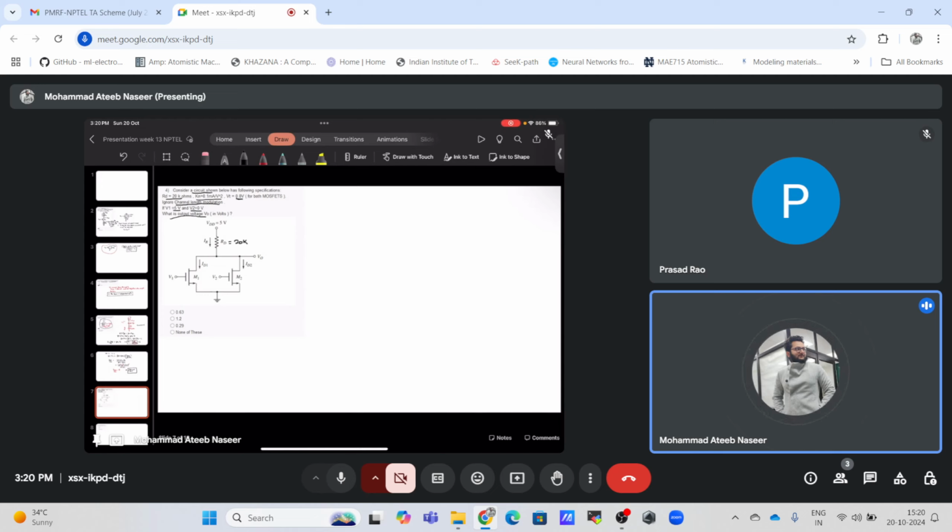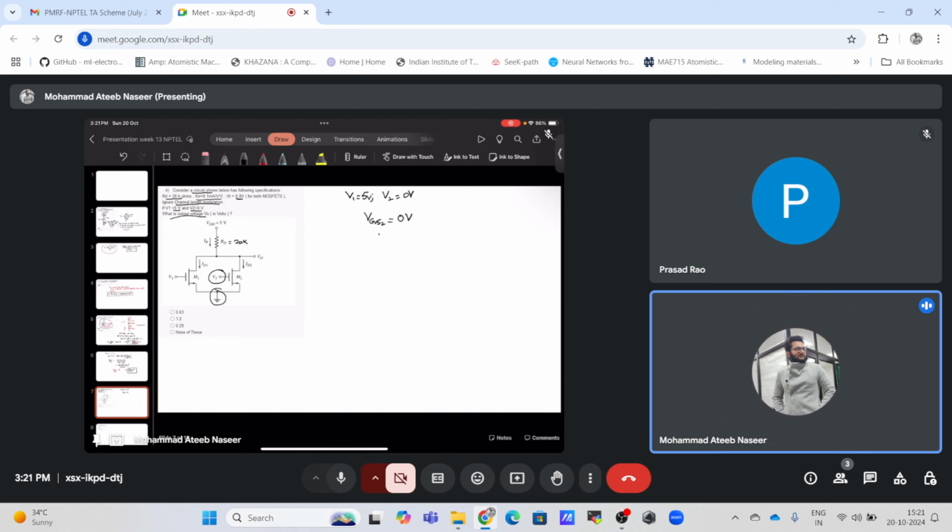So this is a nice problem. What we will see is, for this problem, V1 is 5, okay, and V2 is 0 volts. So if V2 is 0 volts, what does it imply? V2 is applied over here and the source is grounded. So it implies that VGS2 is 0.